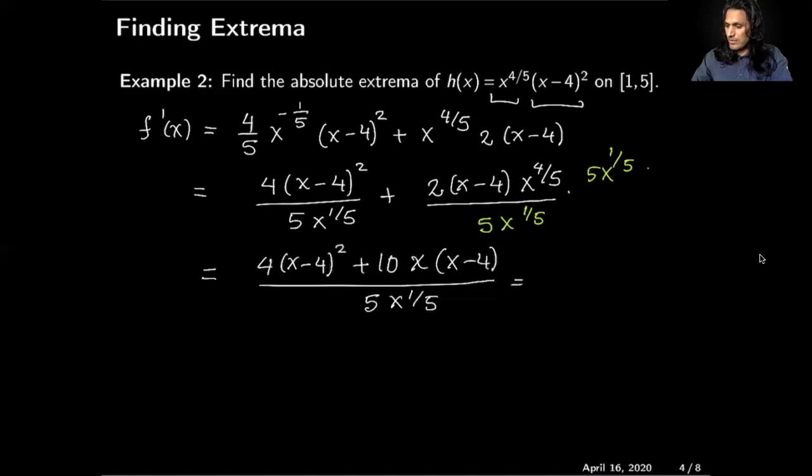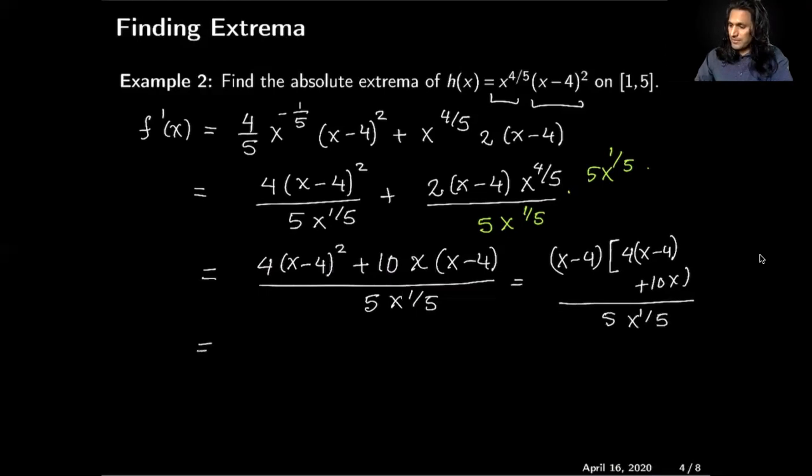If I pull out (x minus 4) from the numerator, it gives me 4(x minus 4) plus 10x, divided by 5x to the power 1/5.